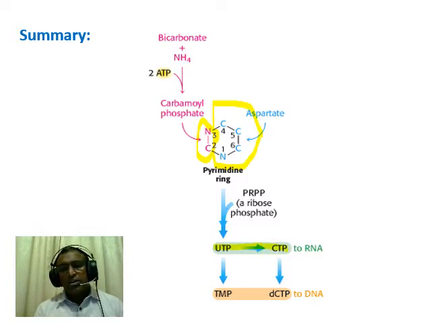And not covered yet, but later in this lecture you will see from UTP, uracil, by putting a methyl group, it will then form TMP. And also from CTP, it's possible to convert it to deoxy CTP with the use of NADPH as the reductant.